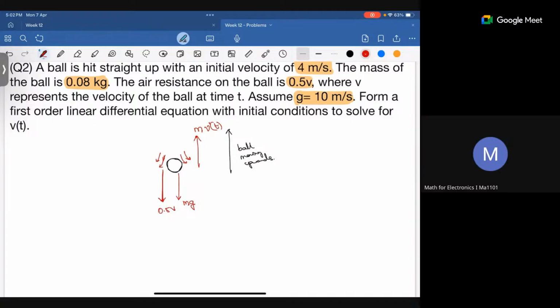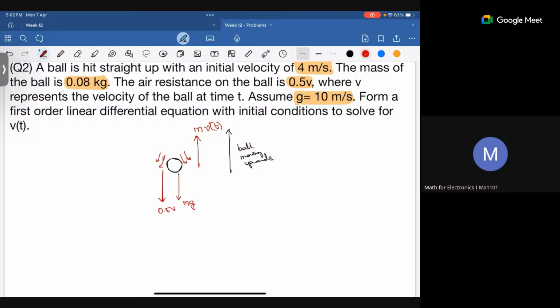So the ball is moving upwards. The ball's direction is upwards, and the forces that act in that direction will be positive, and the forces that act in the opposite direction will be negative.